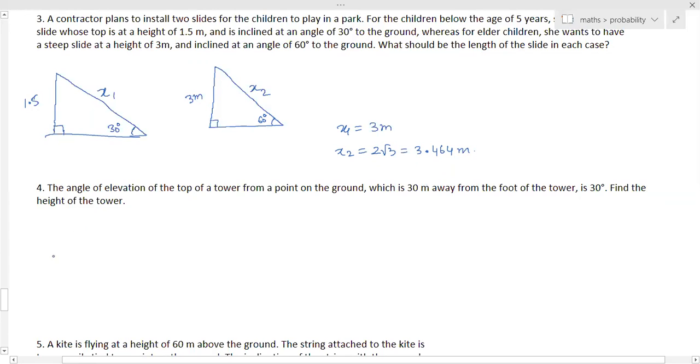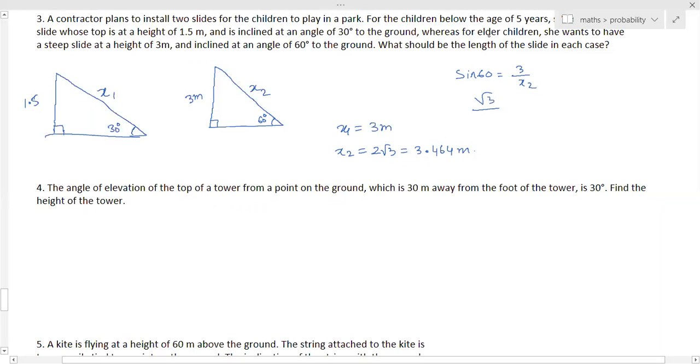Ma'am, for sine 60, I'm getting 6 by root 3. Sine 60 is root 3 by 2, no? Yes, ma'am. I equated it with 3 by x. I got 6 by root 3. Then I rationalized.